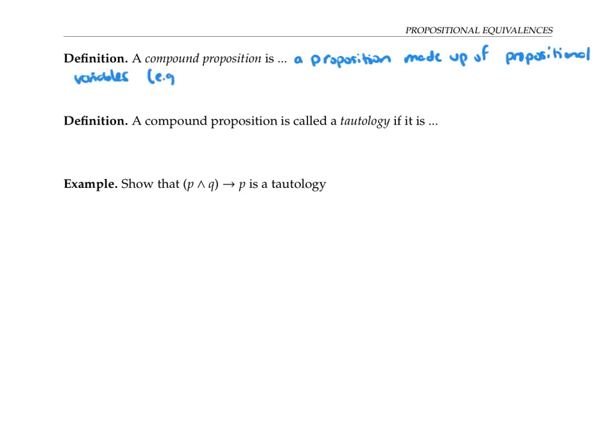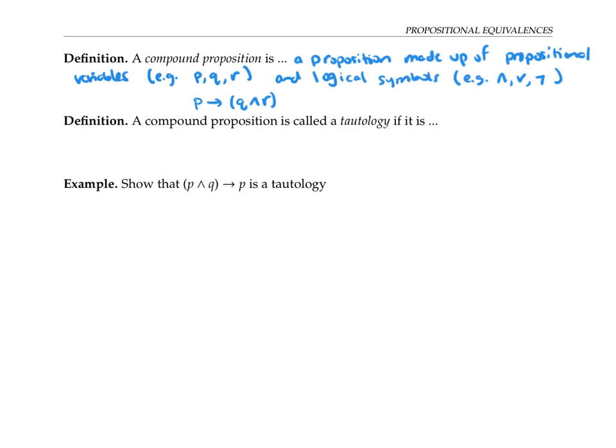These are letters like P or Q or R that represent simpler propositions, and logical symbols like and, or, not, etc., that connect them. For example, the proposition P implies Q and R would be a compound proposition.